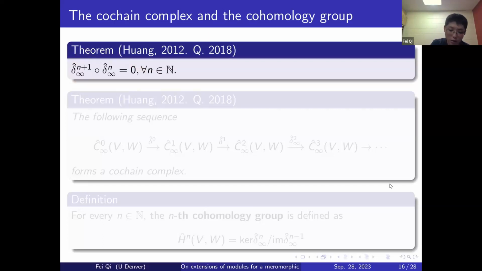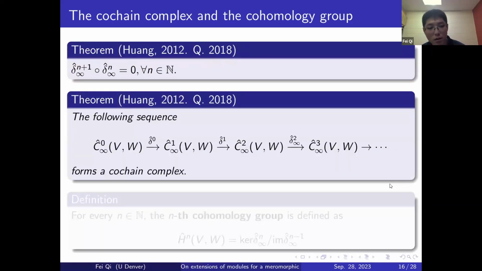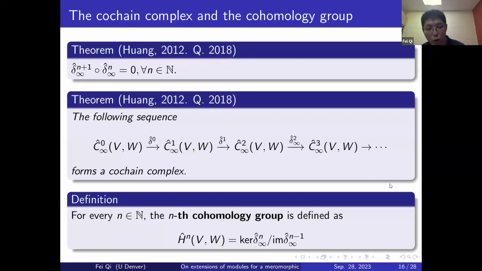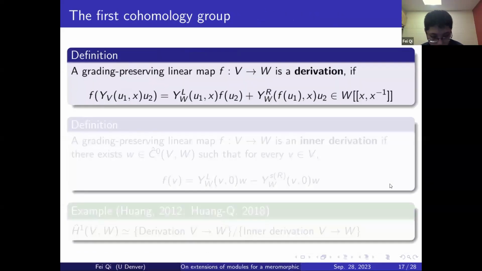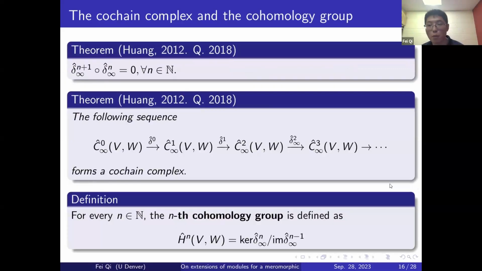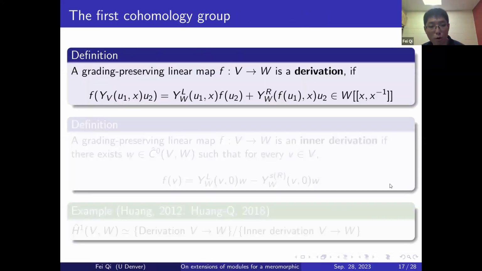And I extended this result to meromorphic open-string vertex algebras in the non-commutative case. So this all holds, and then we have a similar cochain complex, and we define the nth cohomology group as the kernel of delta over the image of delta as usual. Regarding this part, one of the most important examples is just the first cohomology group.